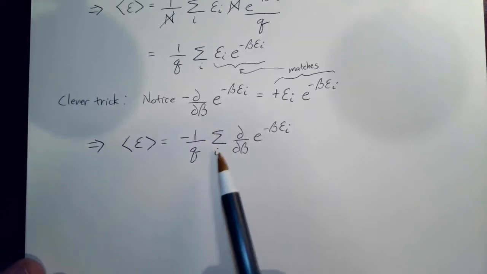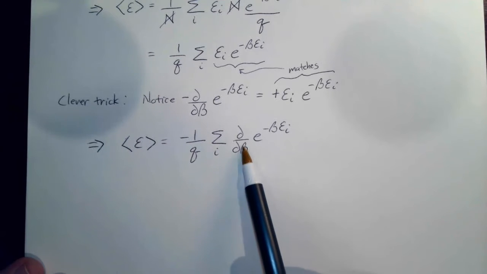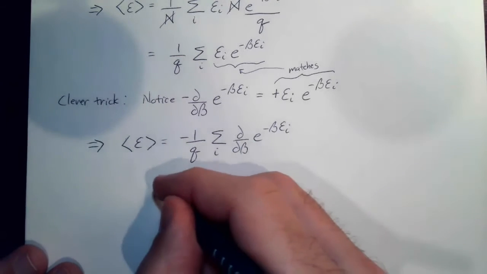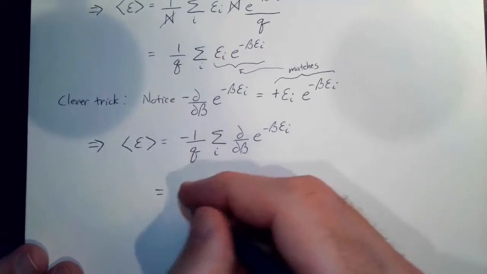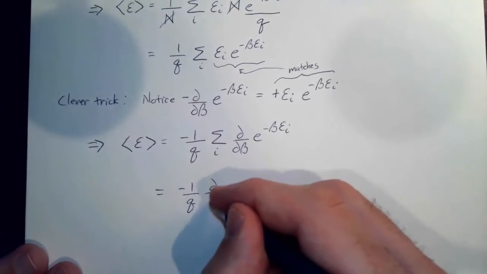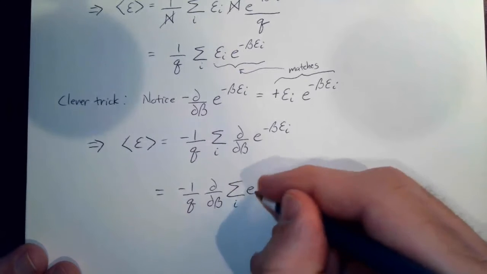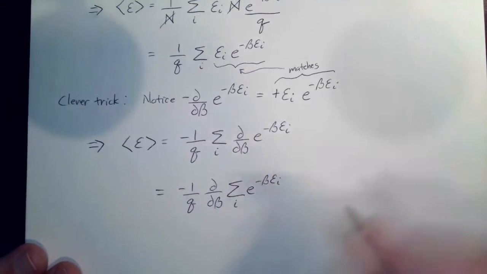Okay, so I have the sum of a derivative. Well, the sum of a derivative is the derivative of a sum, so I can swap the order there. So I get negative 1 over q times the derivative with respect to beta of the sum over I, e to the minus beta epsilon I.